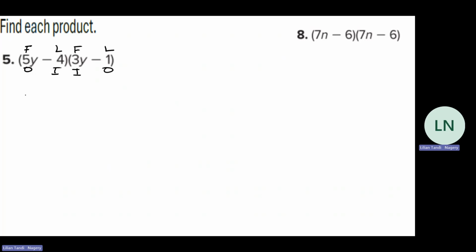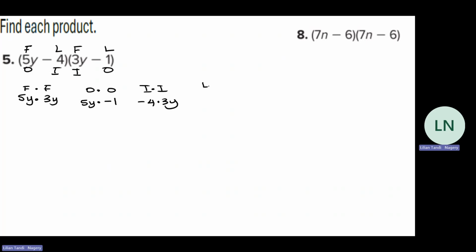Okay, so 5y times 3y, because I'm doing F times F, then O times O, 5y times -1. Then I'm going to do my I's, I times I, -4 times 3y.